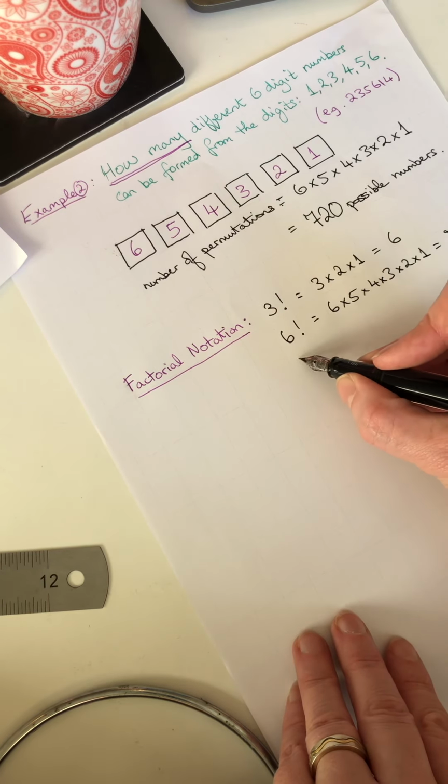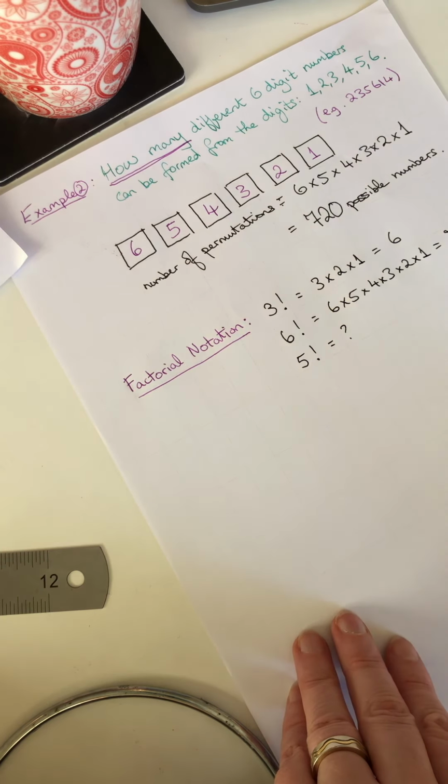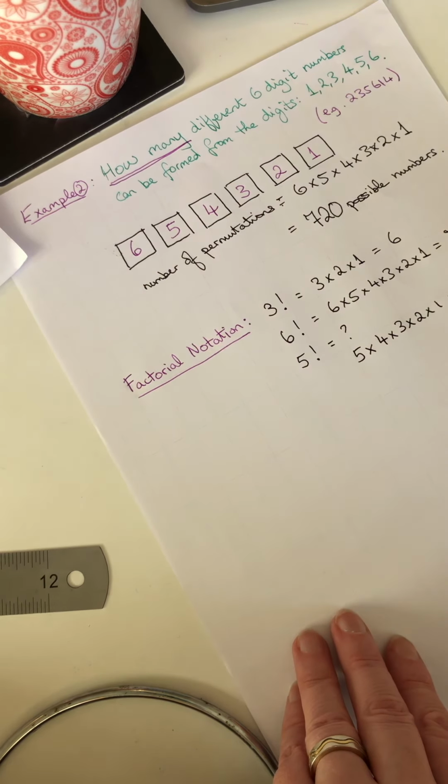So hopefully you could guess what 5 factorial might be. Think about it for a second. It means 5 multiplied by every positive integer less than it. And I just happen to know that that is 140.